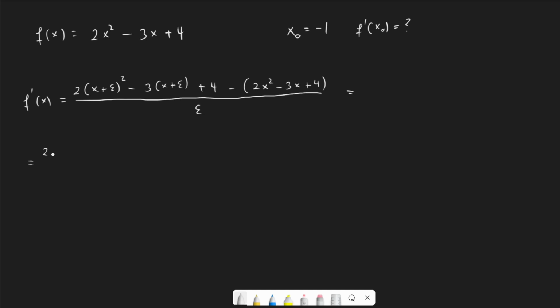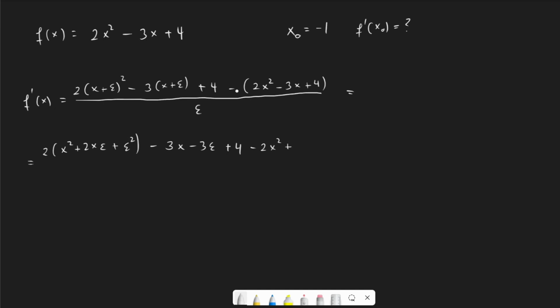So we will use this identity: 2 times (x squared plus 2x epsilon plus epsilon squared), and I will multiply this out, so minus 3x minus 3 epsilon, we have a plus 4 there, and I will multiply by -1, so minus 2x squared.